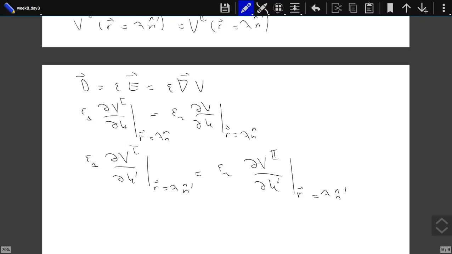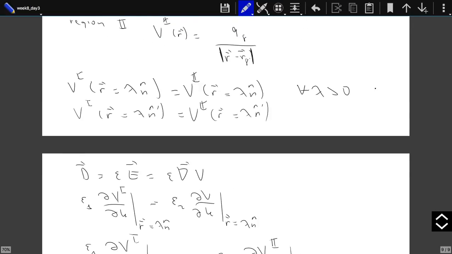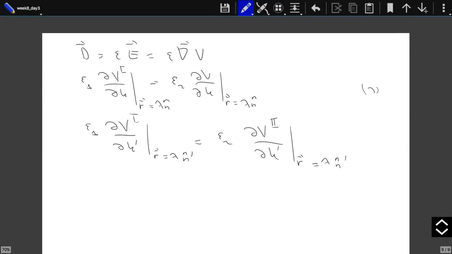So we have 1, 2, 3, 4 equations to be satisfied for all values of lambda.